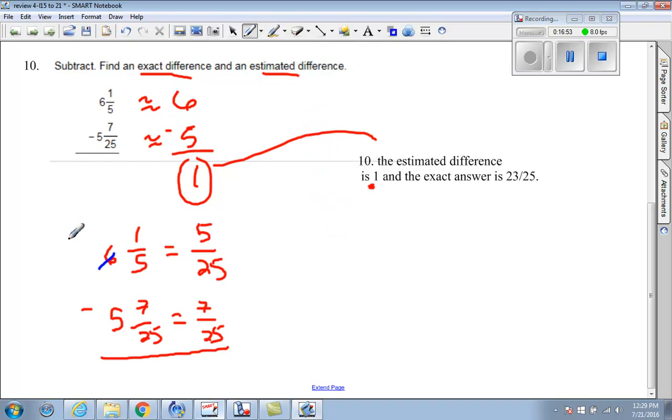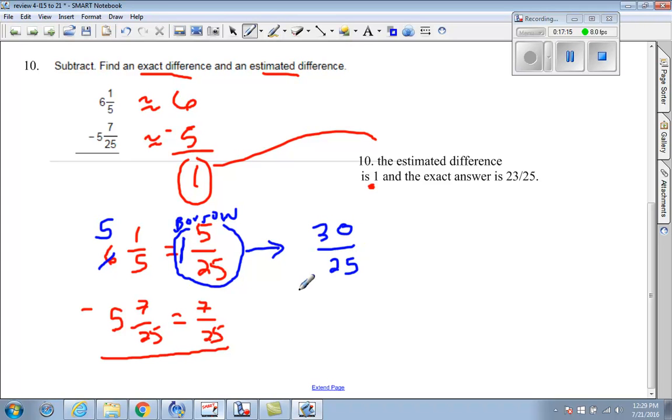Borrow 1 whole unit from this guy. So he becomes a 5. Slide the 1 that you borrowed right there, and then take this and convert it to an improper fraction. So 25 times 1 is 25, plus 5 is 30, so you'd have 30/25. Now you can go ahead and subtract.